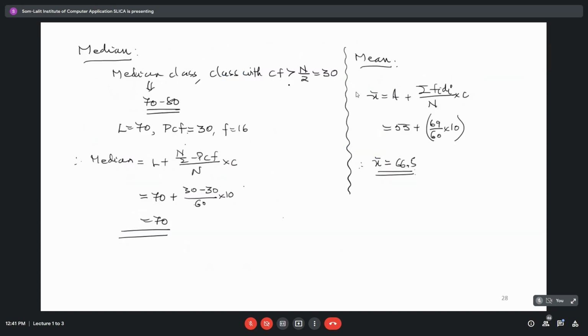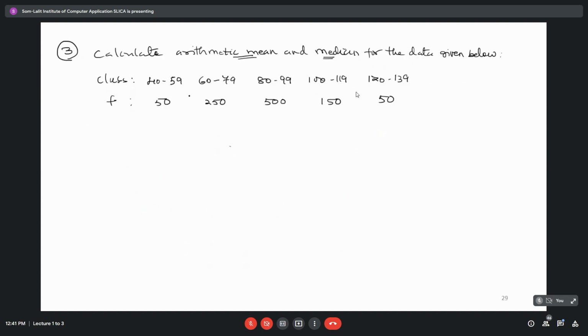That is not the case here. Here the lower limit and upper limit are different. Especially when you are finding central values, that is, when you get the median, you need to convert into continuous class intervals. It's just a way of writing. This is called the inclusive type of class intervals.